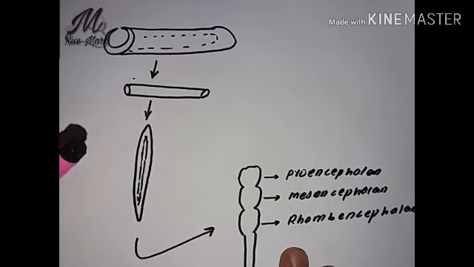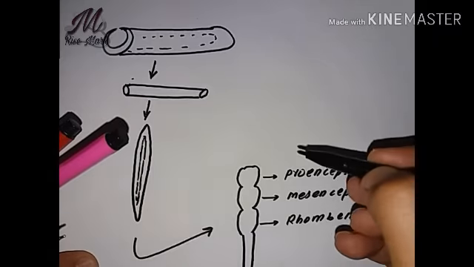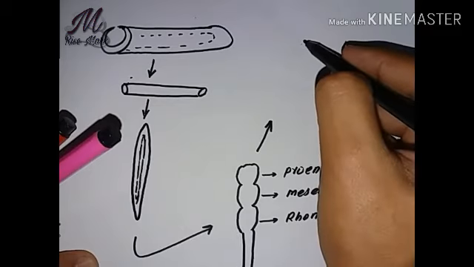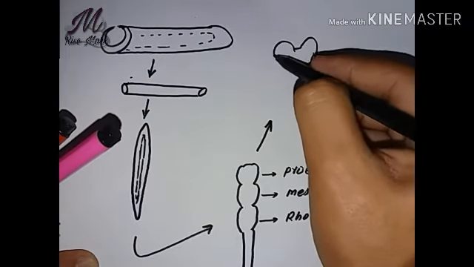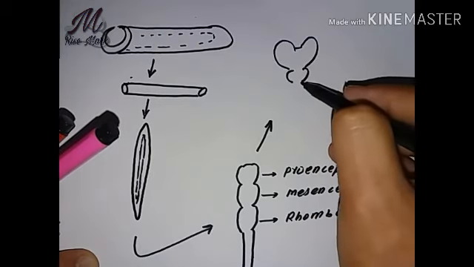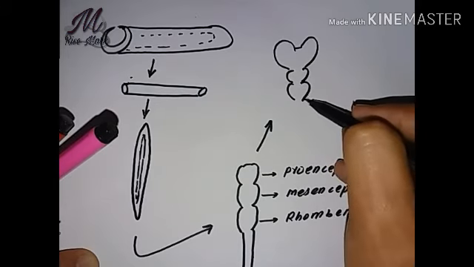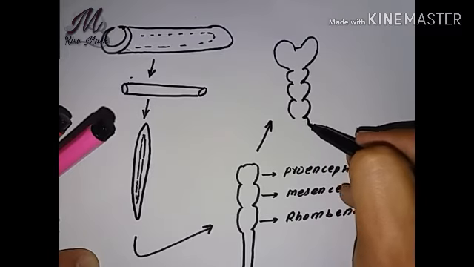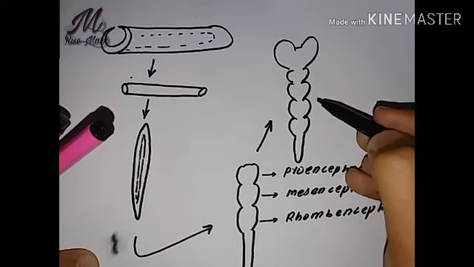By the end of 5 weeks, these three primary vesicles differentiate into 5 secondary vesicles. The mesencephalon remains the same, and the rhombencephalon will further differentiate into the metencephalon and myelencephalon.